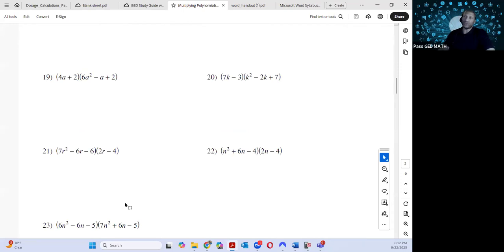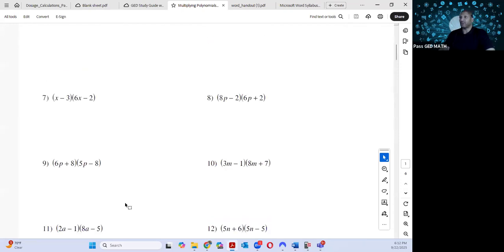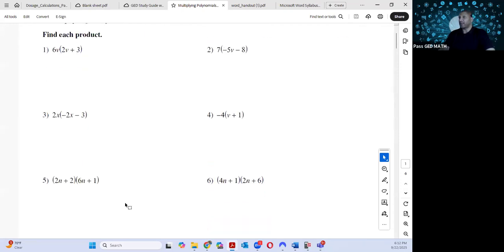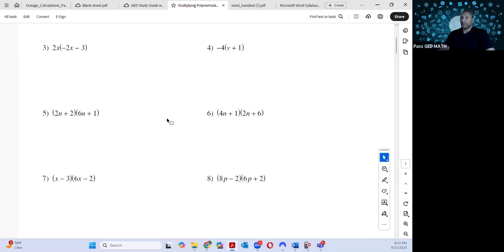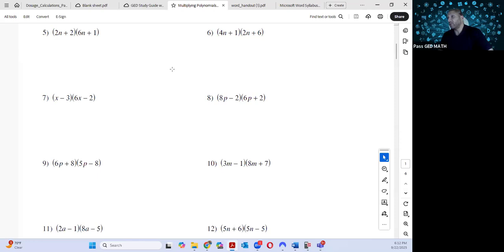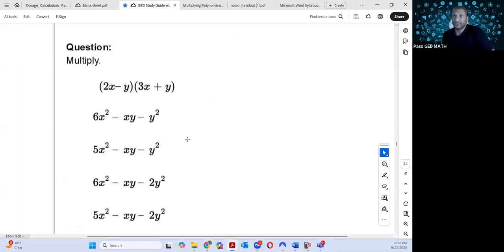They're hard, but you probably won't see them on the exam. The ones you're probably going to see on the exam are ones like 6, 5, 7, 8. How do I know? You look at the study guide. The study guide tells you I'm going to have to know how to multiply binomials.